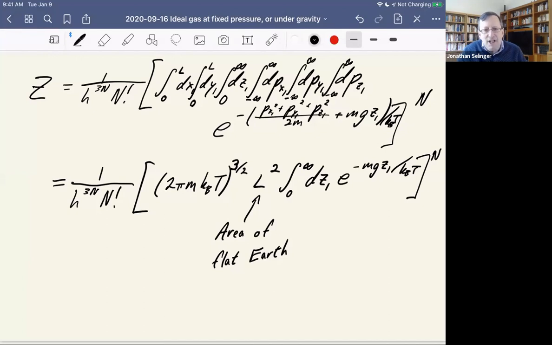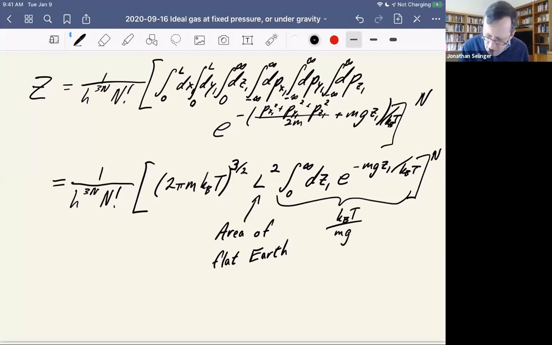Luckily, it's not a really hard integral. It's just an ordinary exponential integral. But because I'm running out of time, I'll just copy it from my notes instead of doing it. But you can do it for practice. So this integral is equal to kT over mg.